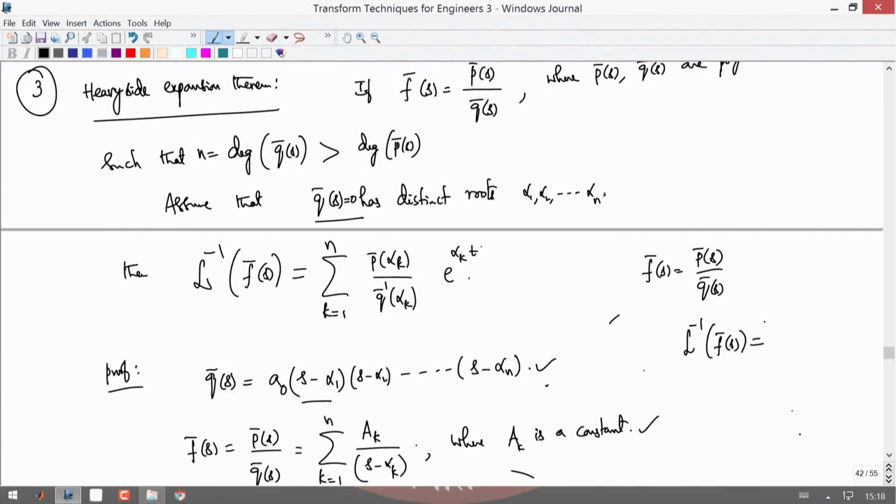So, you can easily see that in the same way you can calculate, with k from 1 to infinity, the same expression will be valid: p bar of alpha k by q dash of alpha k times e power alpha k t.